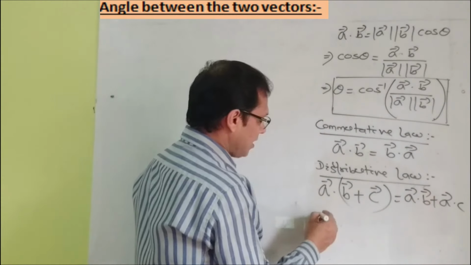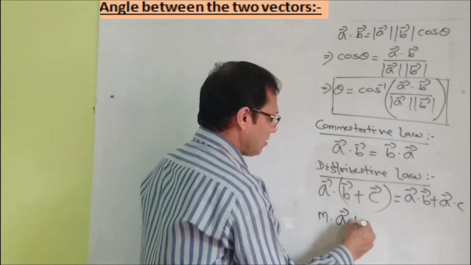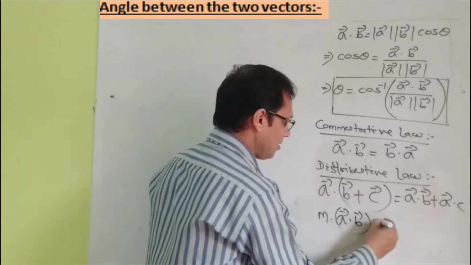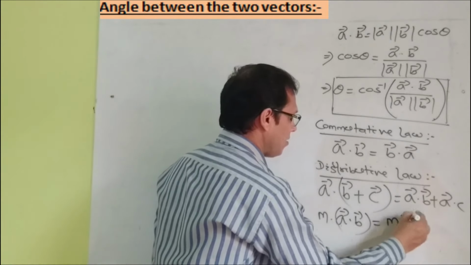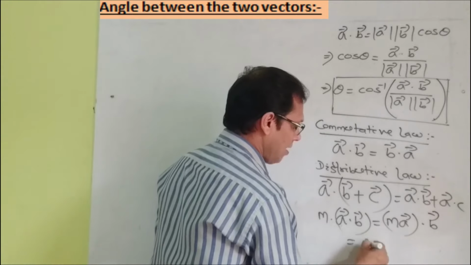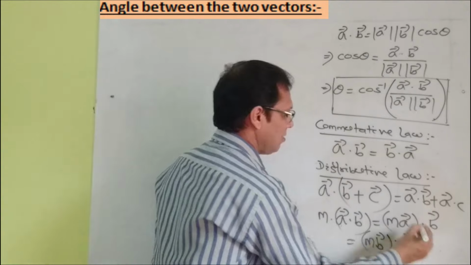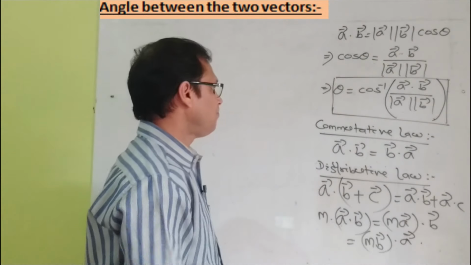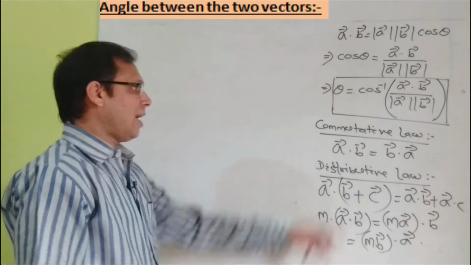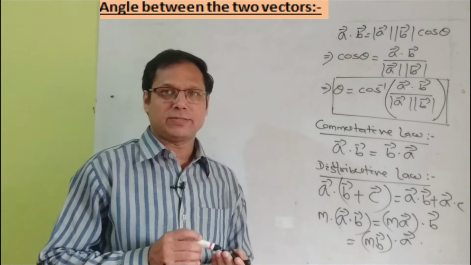If a scalar m is multiplied, m into a vector dot b vector can be written as m a vector dot b vector or m b vector dot a vector.